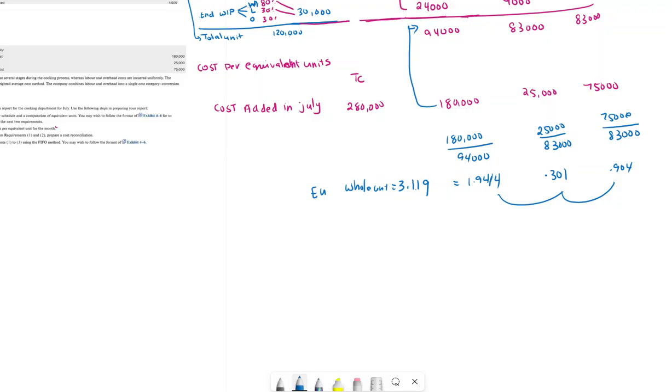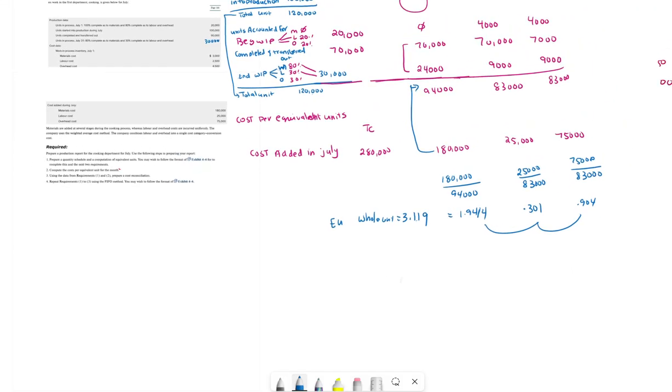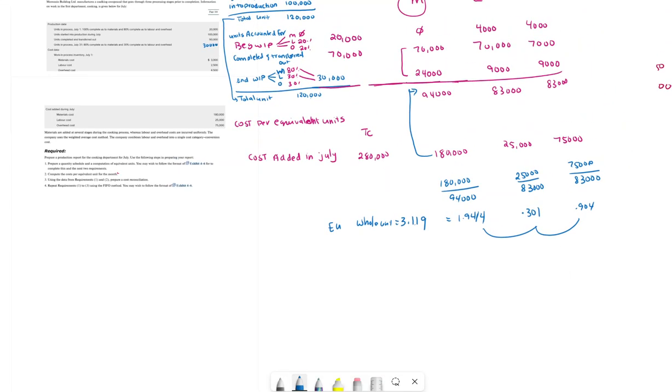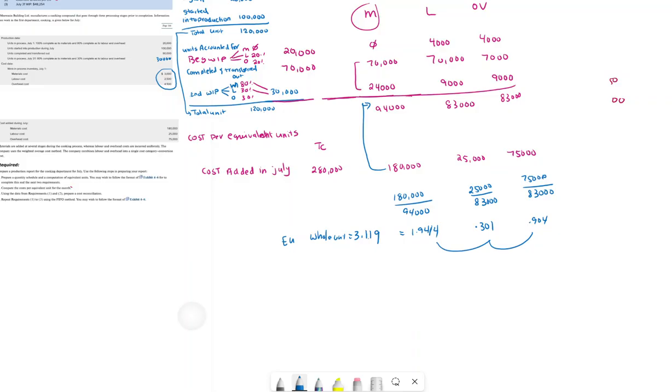When you're doing an allocation, it is a little bit tricky, but it is not tricky. We have the cost data that came with the product that was completed, and we have material, labor, and overhead.